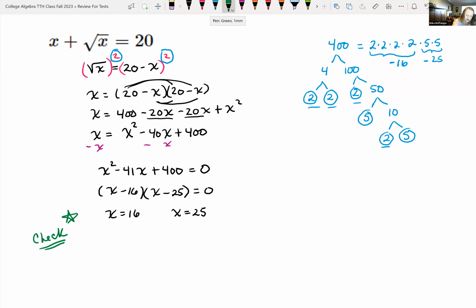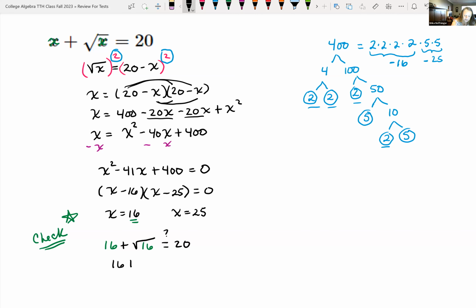And so let's go in there and let's go in wherever we see an x in our equation. We're going to replace it with 16. So is 16 plus the square root of 16, is that equal to 20?